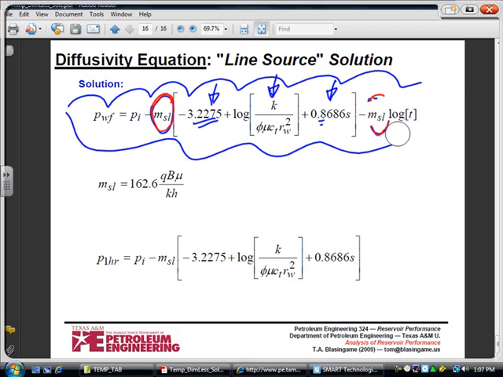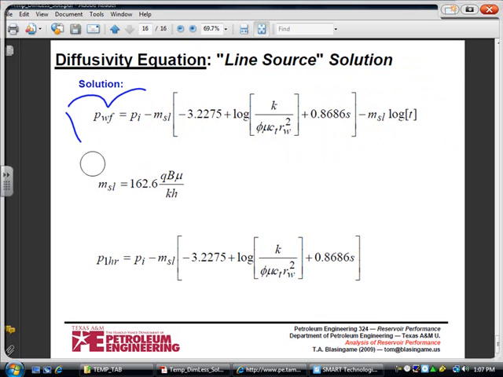Okay, deleting. Okay, so this is the solution of the diffusivity equation, assuming a line source solution. Our inner boundary condition is the constant rate.